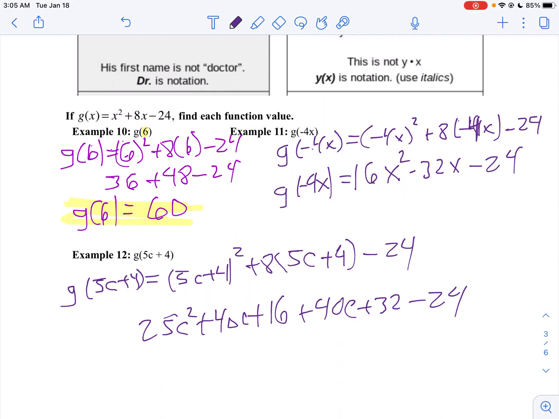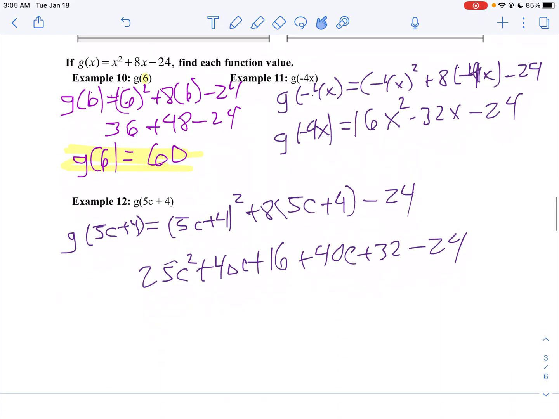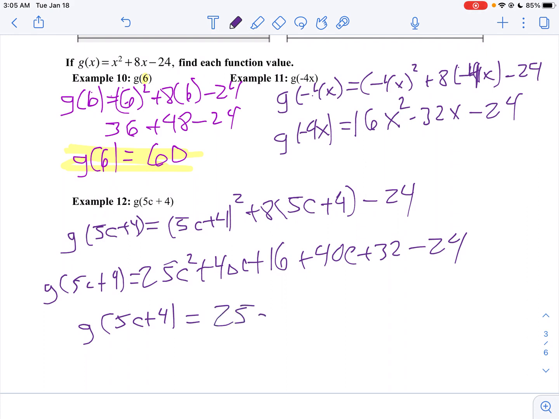I always forget to write the left-hand side. So g of 5c plus 4 equals, so let's simplify this. I only have a c squared term, so 25c squared.